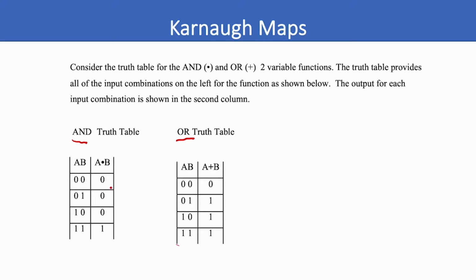And as you can see, the only time the Boolean multiply is equal to a 1 is when both A and B are 1, at this point right here. So we know that 0 times 0 equals 0, 0 times 1 equals 0, 1 times 0 equals 0, and of course 1 times 1 equals 1.